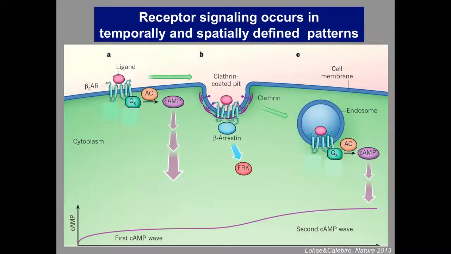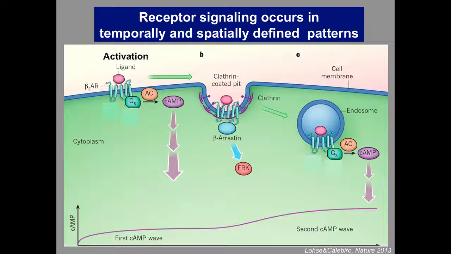In a cartoon that we draw here in a commentary to work by Mark von Sastro, we try to depict this in a schematic way, saying that initially receptors are activated at the cell surface at the top left and signal the traditional way as we know it from our textbooks, like lead to stimulation of cyclic AMP and produce a wave of cyclic AMP.